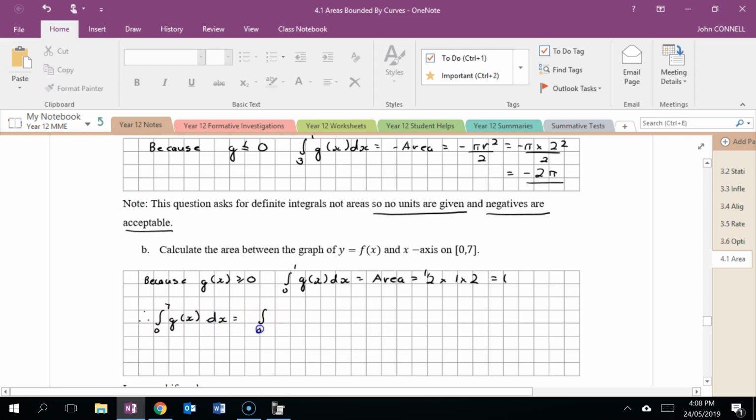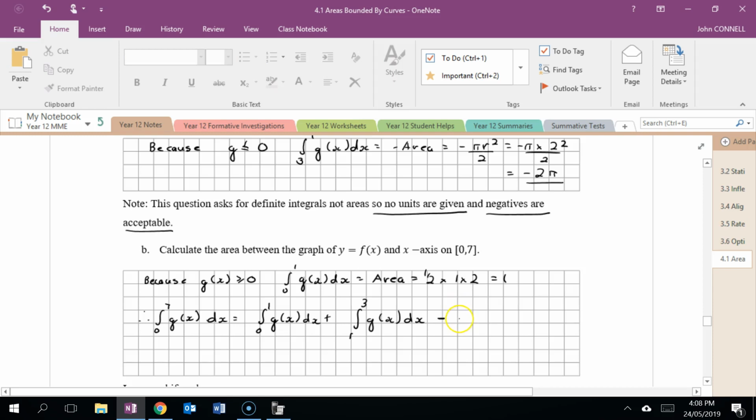So then the integral from 0 to 7 of g of x is going to be the integral from 0 to 1 of g of x plus the integral from 1 up to 3 of g of x. And now, because we want area, we're going to have to subtract.